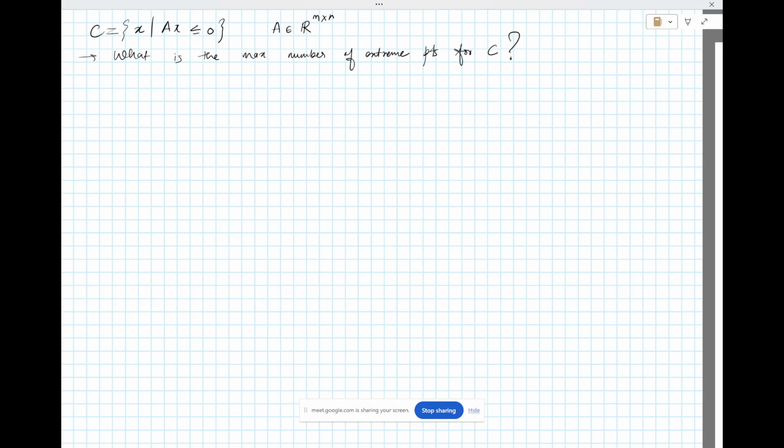M minus n you are saying. So you are assuming m is greater than n, no? Yes. Yeah, that is an upper bound. M minus n is an upper bound for this answer, but it's not a strict upper bound. So here the number is even less.